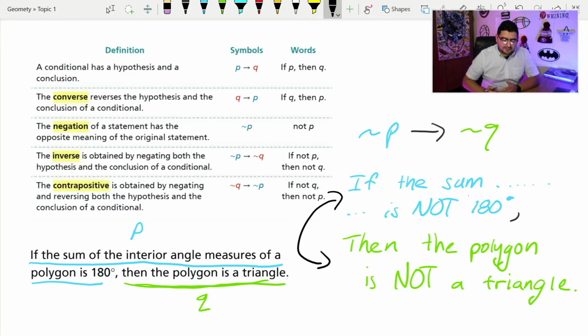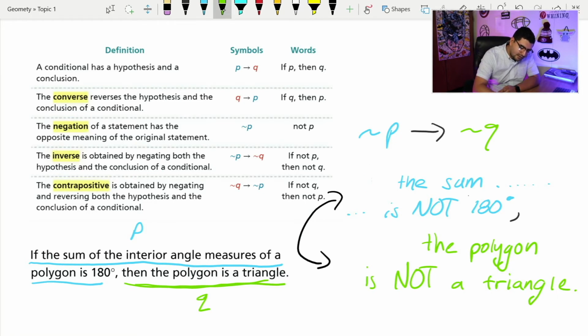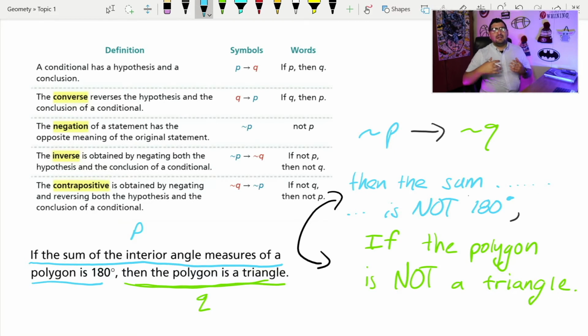So that's what a contrapositive is. A contrapositive would reverse these two words, and I would then have if the polygon is not a triangle, then the sum of the interior angle measures of a polygon is not 180 degrees. So that's an example of what an inverse and a contrapositive is.